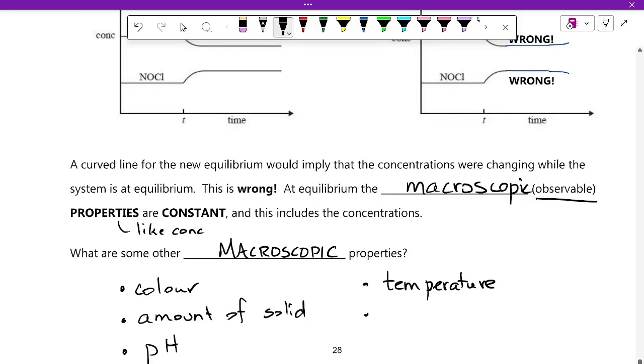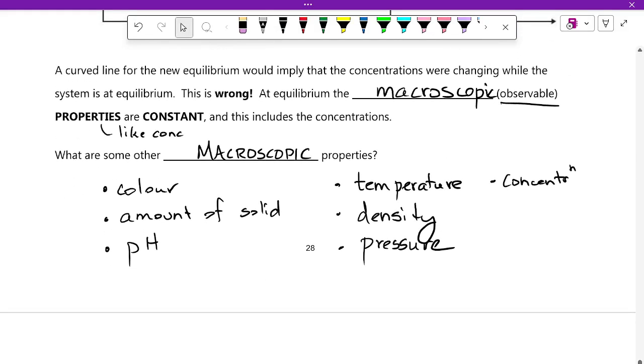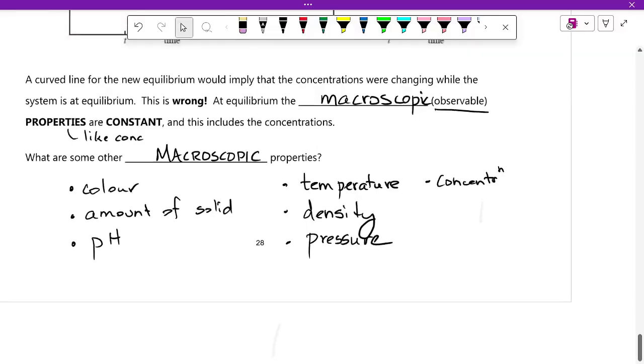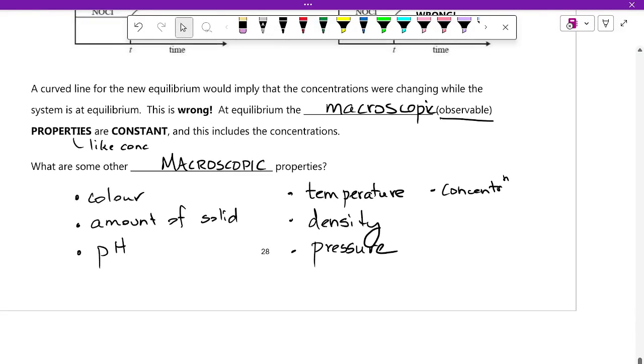Density. Pressure. That's a pretty good list. Anyone have anything else they want to add? Concentration, yes. All right, and I think that takes us through 2.2a.